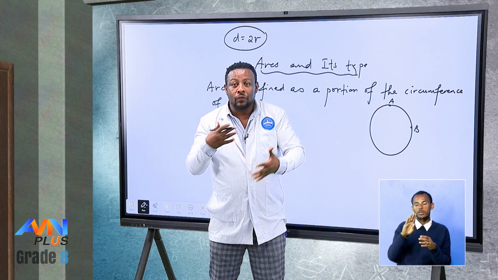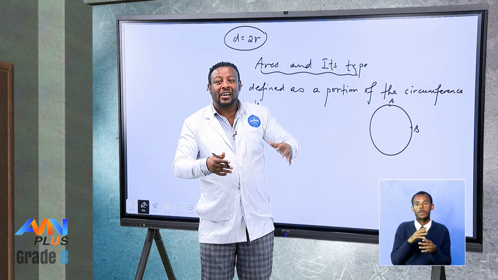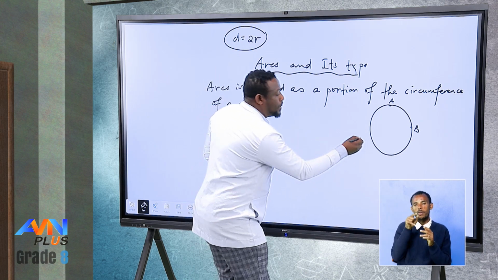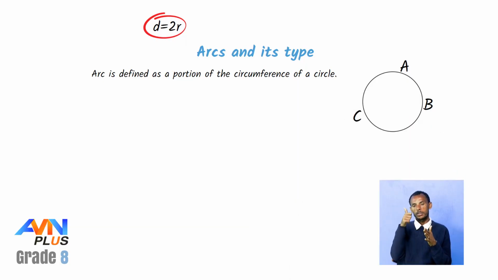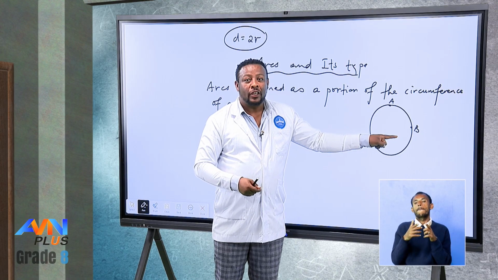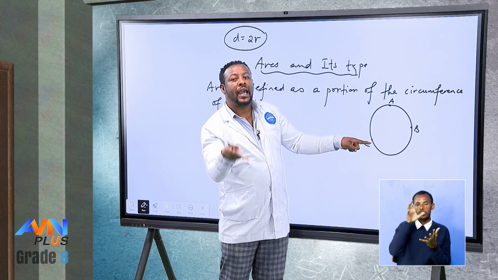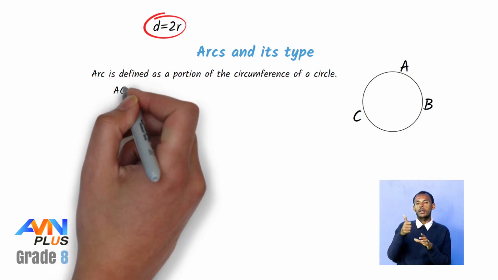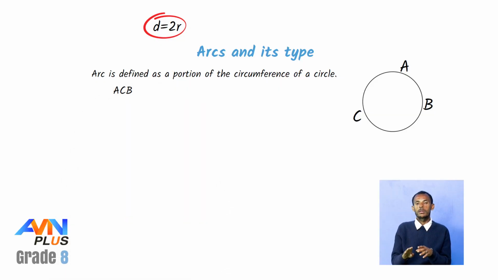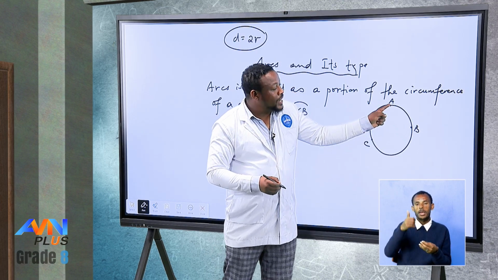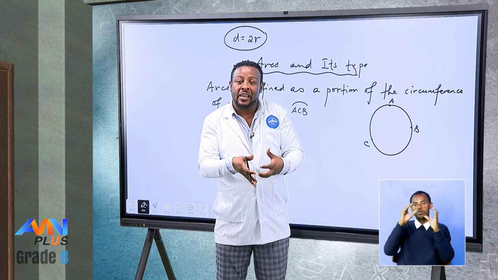But to avoid a confusion about which arc you are talking about, for example, if you have some other point C, now if you want to talk about the bigger arc AB, you need to include C between A and B. Okay? So arc ACB is this part of the circumference, and arc AB is the smaller portion of the circumference.